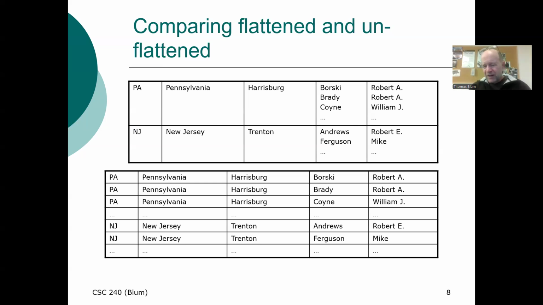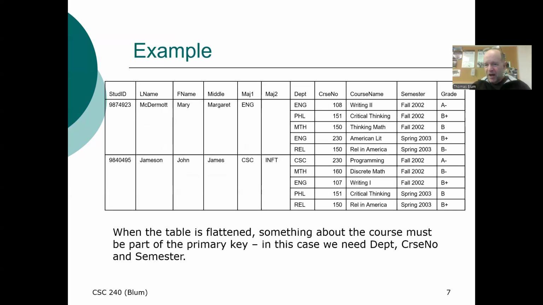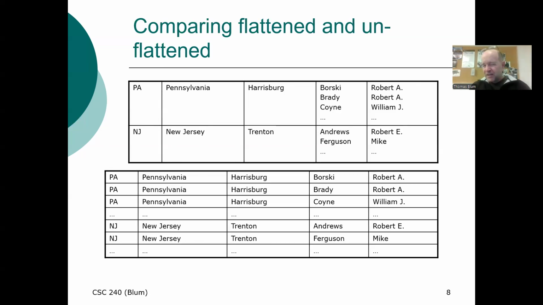When I take the multi-valued stuff and pick out what I need to be part of the primary key, that will be enough in this case, because I can look up the person and say, oh, that person represents PA. So in the student case, I need something from the repeated stuff, from the multi-valued stuff. I need something from the course and more. Whereas in this case, I need something from the repeated things to identify the person, and I don't need more.